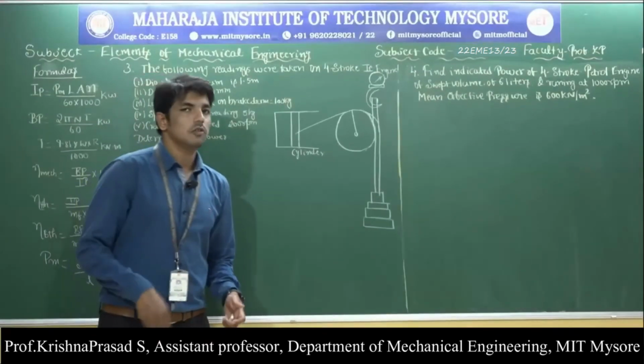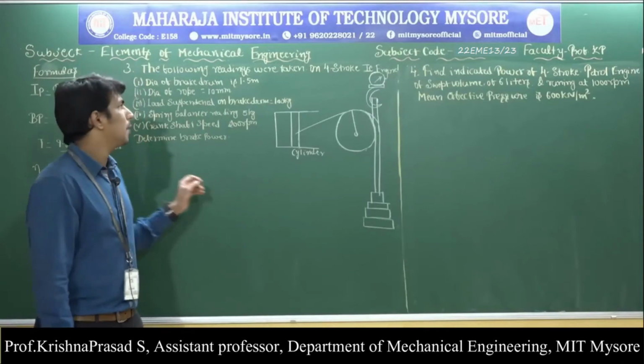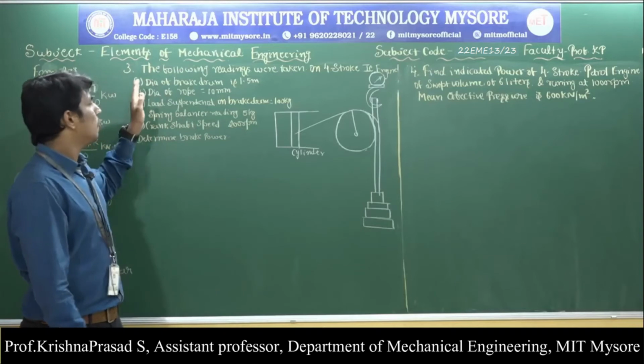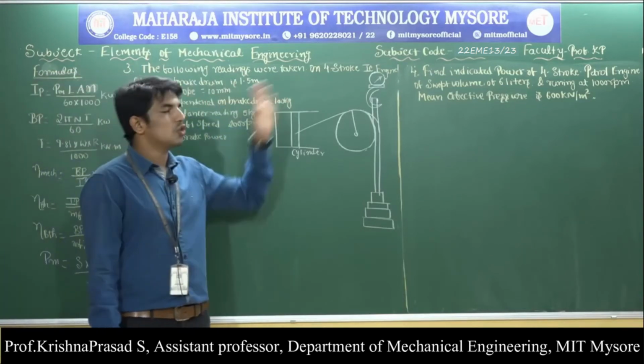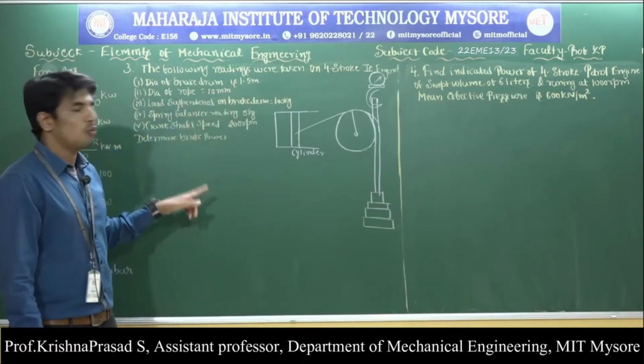Welcome back. So the next problem is regarding the calculation of the brake power. During the experiment for the calculation of the brake power, the following readings were taken on the 4-stroke IC engine. Here the diameter of the brake drum is 1.5 meter.